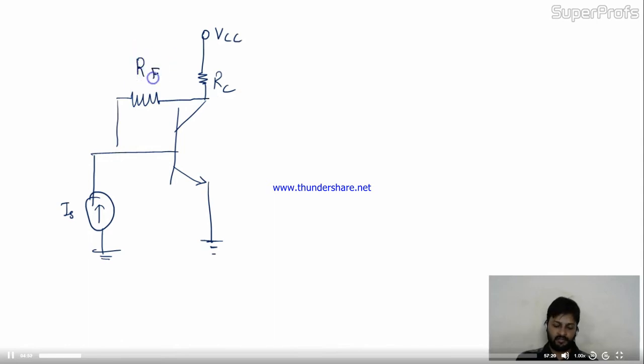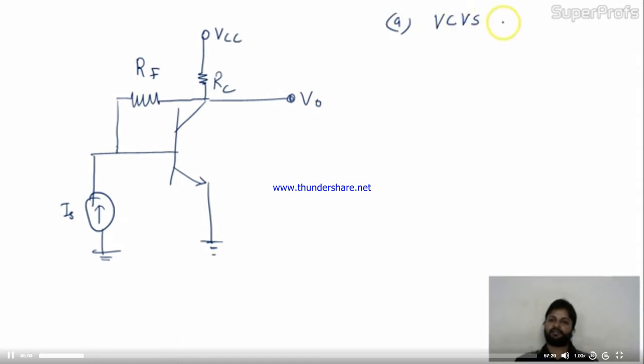The feedback resistor is RF. Now they are taking V0. The question is, which type of topology is it? Find out the topology. The options are: A, voltage control voltage source; option B, current control current source; option C, voltage control current source; and option D, current control voltage source.